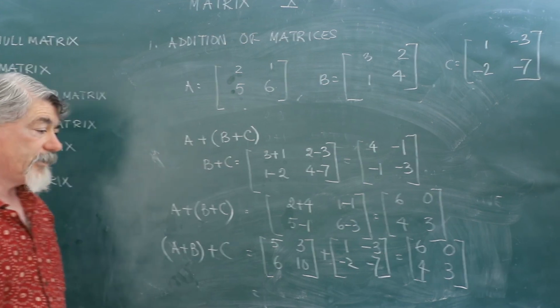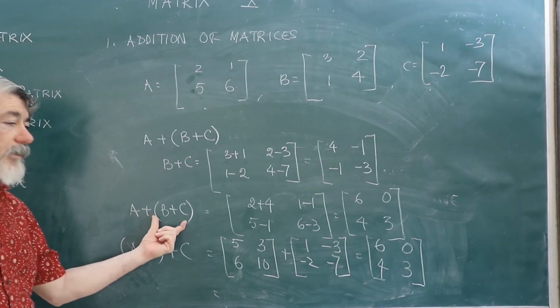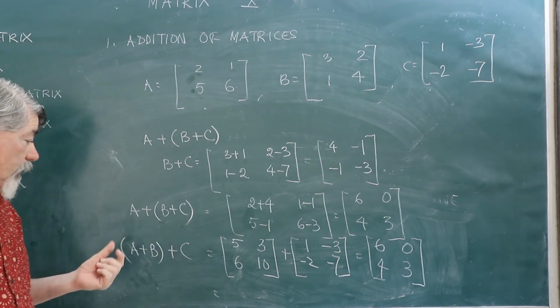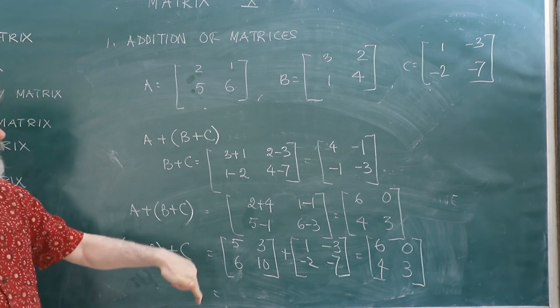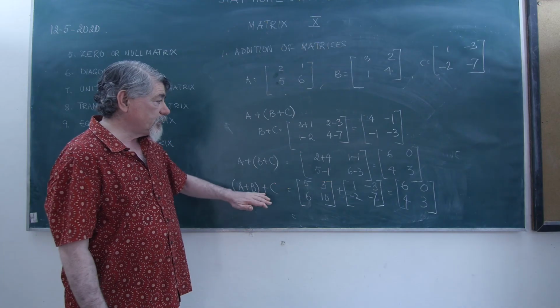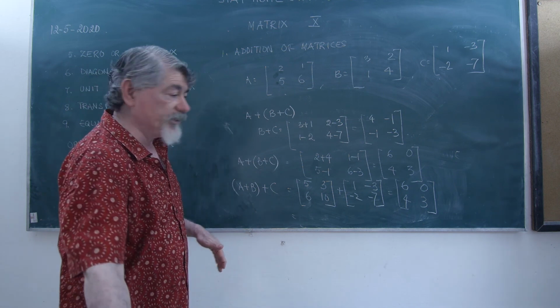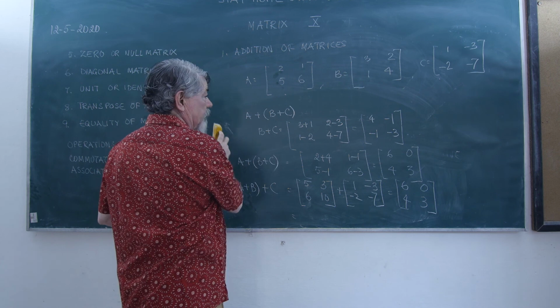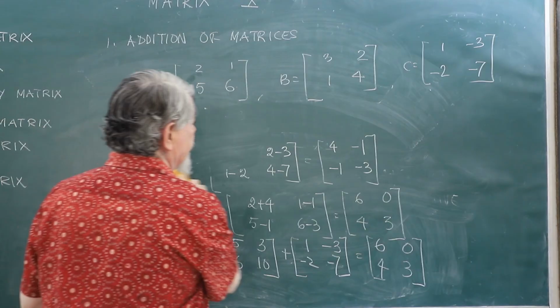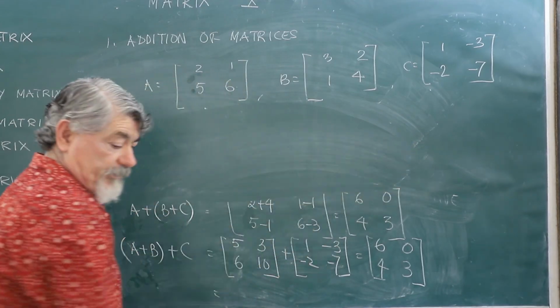So what I realize is that A plus (B plus C) or (A plus B) plus C is same. This is called associative property of addition.